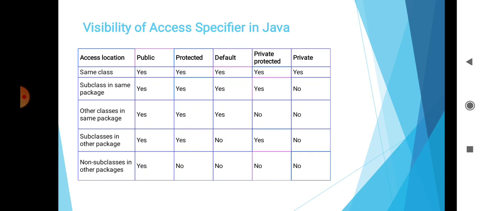Here are the access locations. In the same class, public is possible, protected in the same class is also possible, default is also possible, private protected is also possible, and private access specifiers in the same class are also possible. For a subclass in the same package, public can access, protected can access, default can access, and private protected can access.